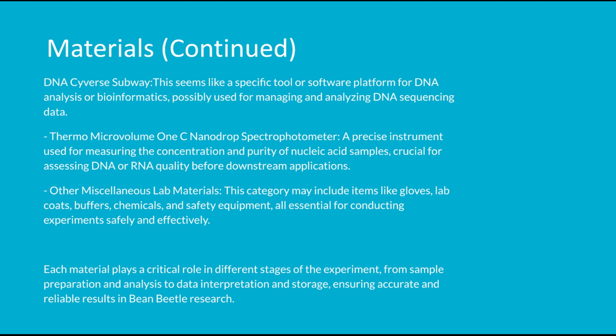Other miscellaneous lab materials may include gloves, coats, buffers, chemicals, and safety equipment, which are all essential for conducting experiments safely and effectively. Each material plays a critical role in different stages of the experiment, from sample preparation and analysis to later data interpretation and storage. This all ensures accurate and reliable results in our bean beetle research.